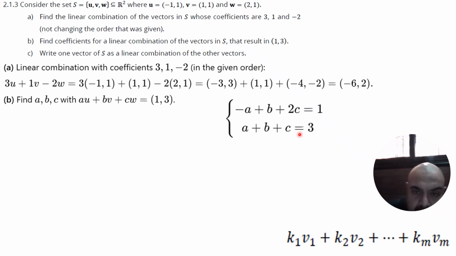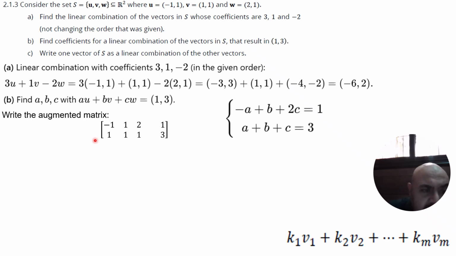Now I have to solve this system. Let's go to an augmented matrix, having negative 1 and 1, 1 and 1, 2 and 1, and 1, 3, and work it out in order to get as near as possible to a reduced echelon form.